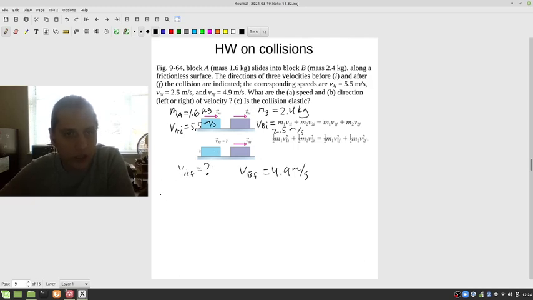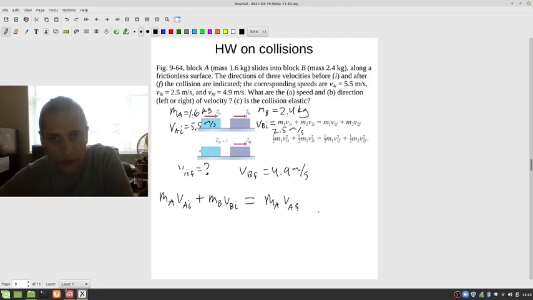Well, all you have to do is set up your equation. mA vA initial, that's the momentum of the first block at the beginning, plus mB vB initial equals mA vA final, that's the momentum of block A afterwards, plus mB vB final, that's the momentum of block B afterwards. All of these variables you know, all you're doing is solving for vA final.